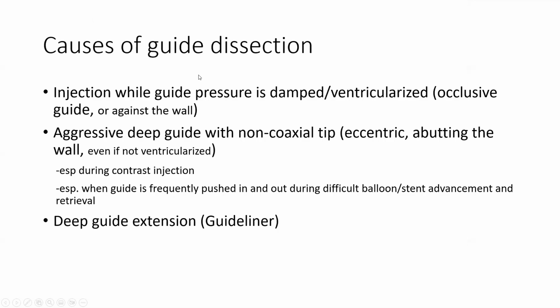And those are the general reasons for guide dissection. One is injection while the guide pressure is damped or ventricularized, which means that the guide is occlusive or the guide is against the wall.